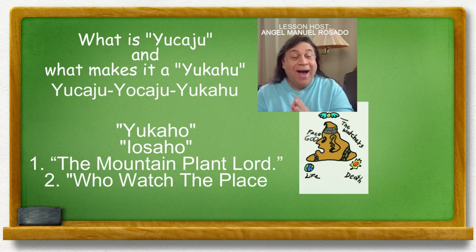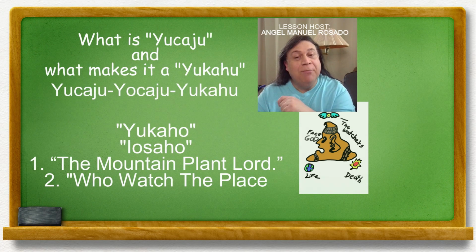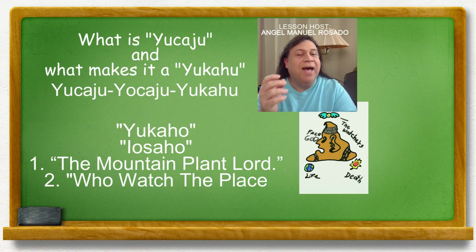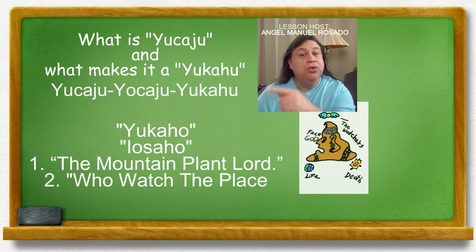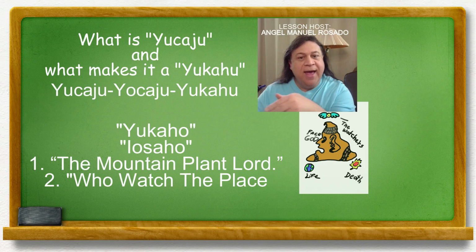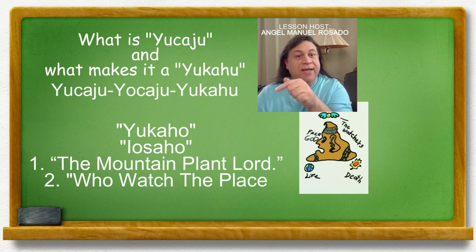So now I have put the proper word right at the bottom of Yukaho. Yukaho has been corrupted, but at the bottom you'll see the real word, and the sound is the same. Yusahu instead of Yukaho, which is incorrect. That Yusahu explains everything, the two codes that you see there at the bottom.